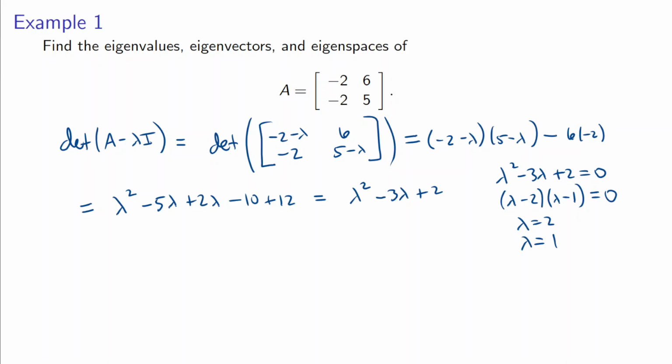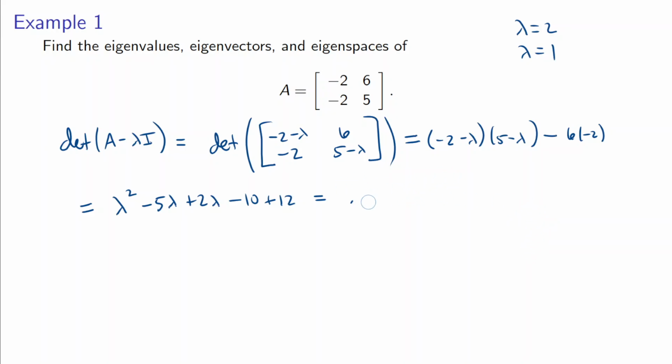Let's put those somewhere for safekeeping because we're going to be referring back to them. Okay, and then let's reset this page a little bit to go to the next step of finding the eigenvectors and eigenspaces that correspond to each of these eigenvalues.